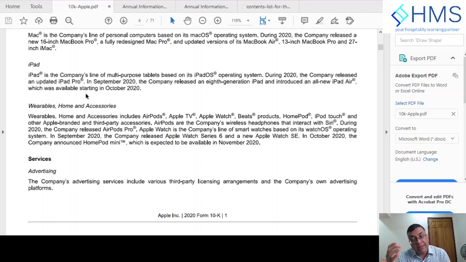Then they are saying that they are interacting with Siri. During 2020 they released AirPods Pro. The Apple Watch is a smartwatch based on the watchOS operating system, and they released Apple Watch Series 6. The company also announced HomePod mini, which is expected to be available in November 2020.